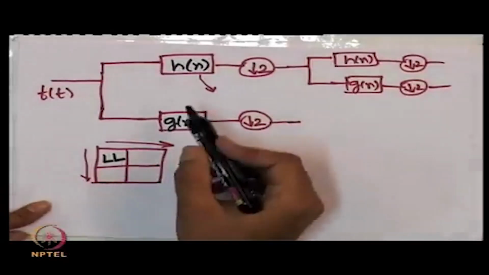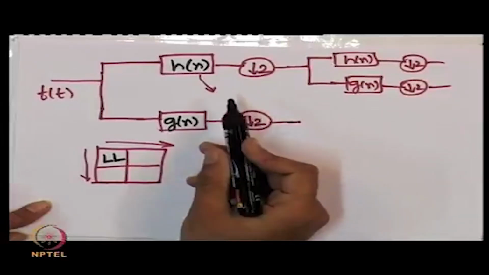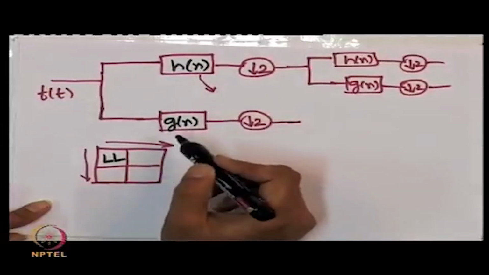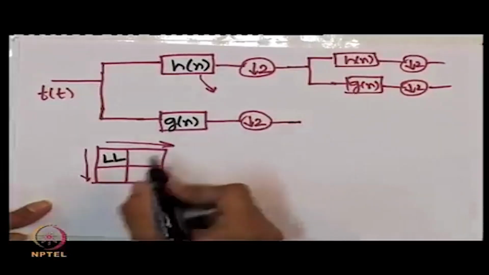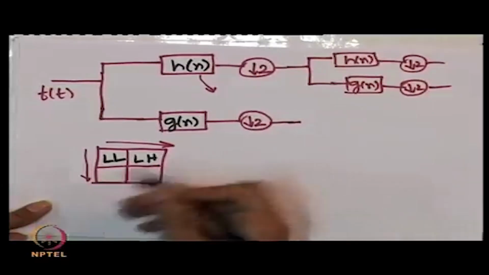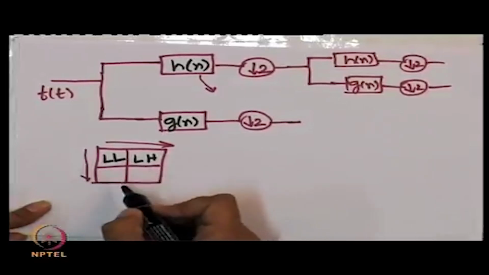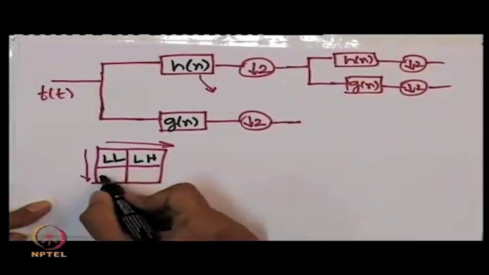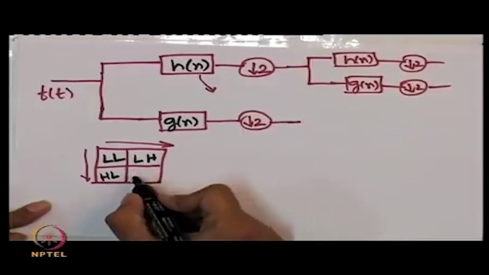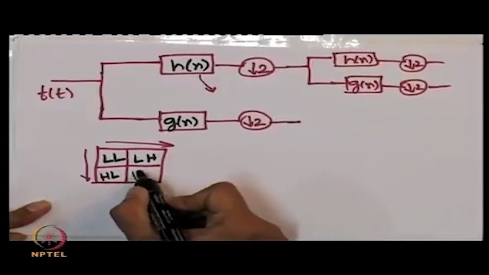If we apply low pass filter HN row wise, downsample it and then apply high pass filter GN column wise, then we will get the LH band. We repeat this for high pass filter row wise and low pass filter column wise, then we will get HL. And if we apply the high pass filter both row wise and column wise, then we will get the HH band.